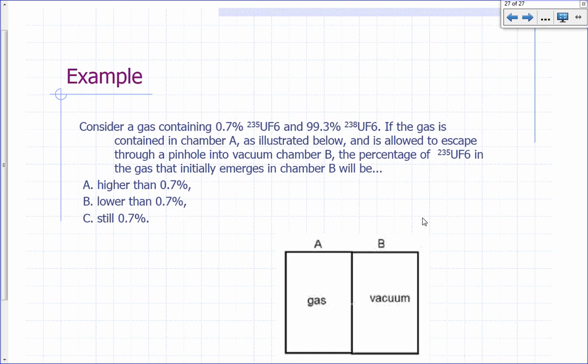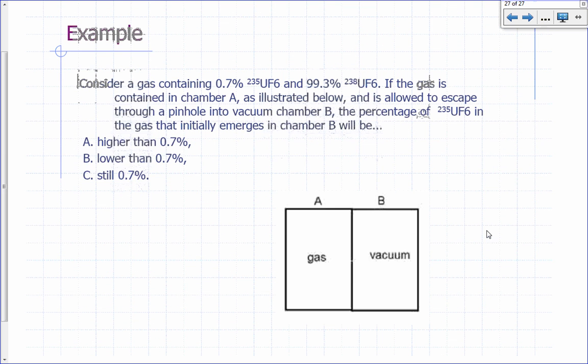All right, that's one final example here. Consider a gas containing 0.7% uranium hexafluoride with a uranium-235 isotope and 99.3% uranium hexafluoride with a uranium-238 isotope. So this would be the heavier gas, right? This is the lighter gas.